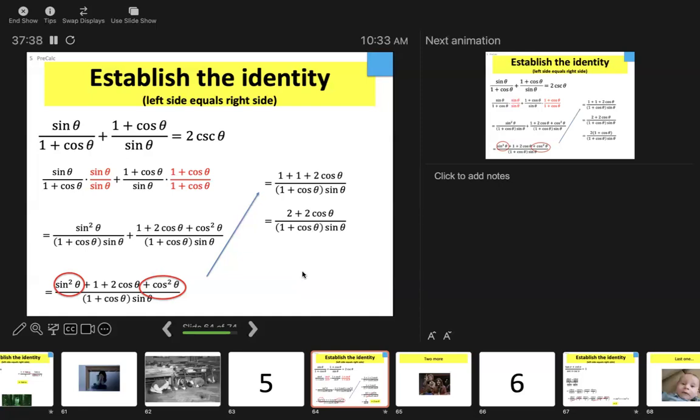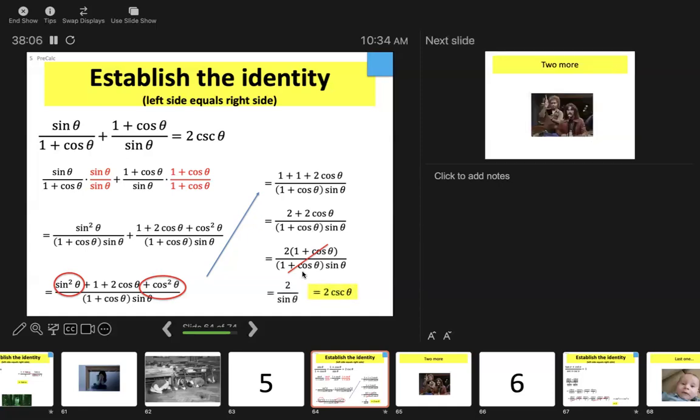What are you left with? Yeah, but say the words. 1 plus cosine, and now the 1 plus cosines cancel. Once again, you got to think at least two steps. And now we have a 2 over sine, which is literally 2 cosecant theta.